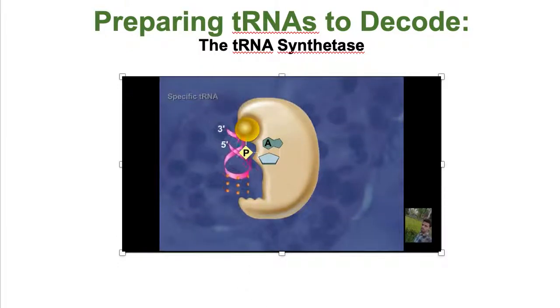It comes in, and it's recognized by its codon in the acceptor stem. Then you have the transfer, which releases that AMP that it was charged to, and now it's essentially charged to another adenosine.